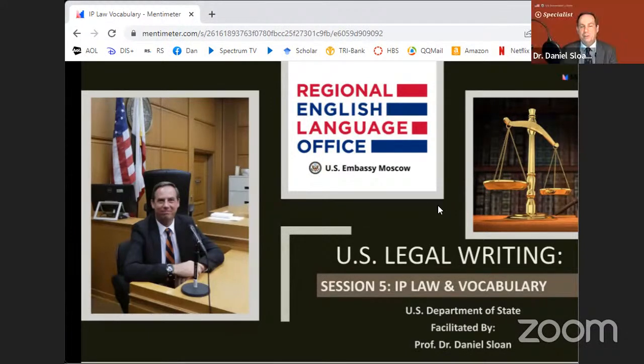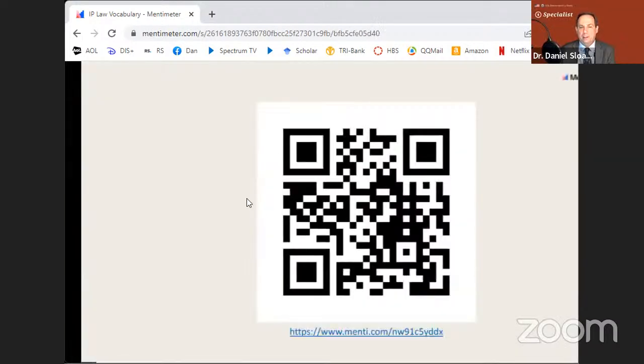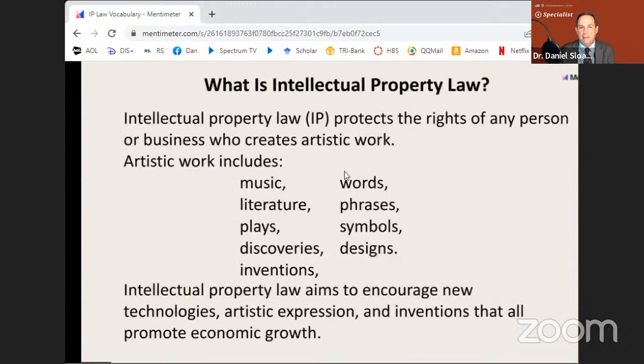Okay. So this is what I introduced at the very beginning. Again, IP law vocabulary, the barcode or QR code in the Minty link, and that statement that I gave, my boilerplate, to be sure that you are conversant and have all the ideas correct in mind when you're creating a contract.